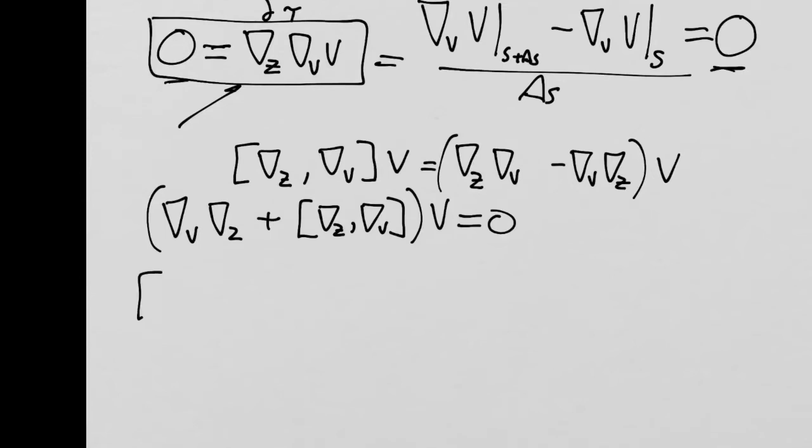So the way this worked was we know that the commutator of V and Z by construction equals 0. We demonstrated that. But we know that that equals the Lie derivative in the direction V of Z.